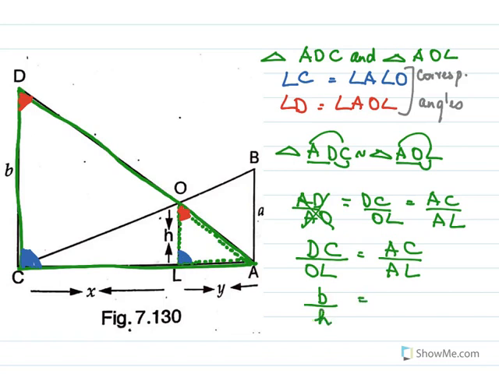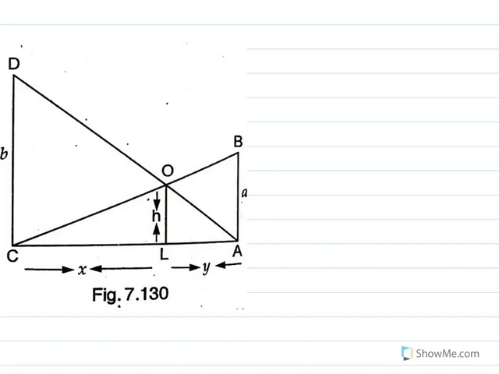OL is H. And AC is X plus Y, which is P, the full thing. AL is Y. So now Y is equal to HP over B, cross multiplied. So I found the value of Y. So in the first triangle I found X equal to PH over A, and in the next I found Y equal to PH over B.